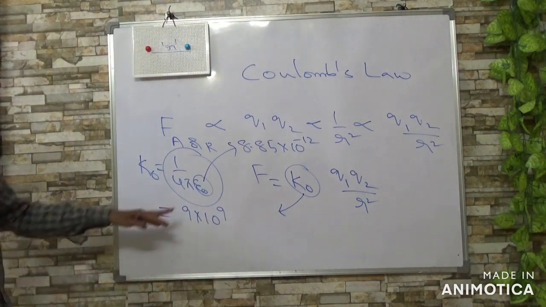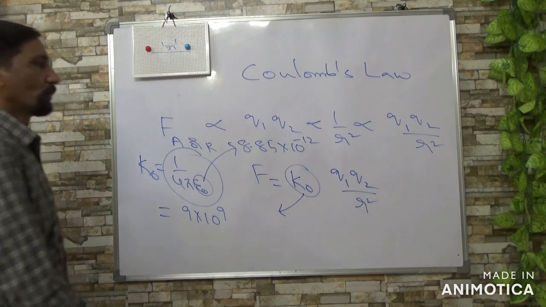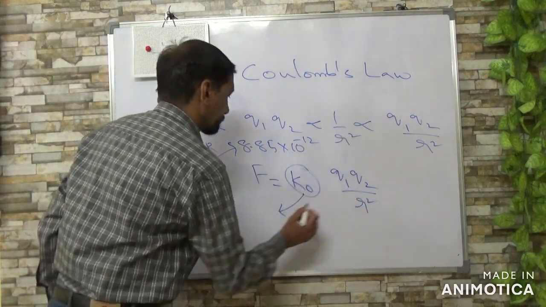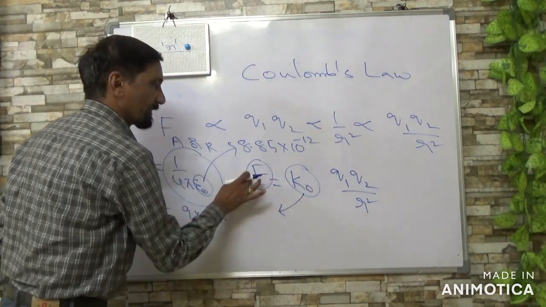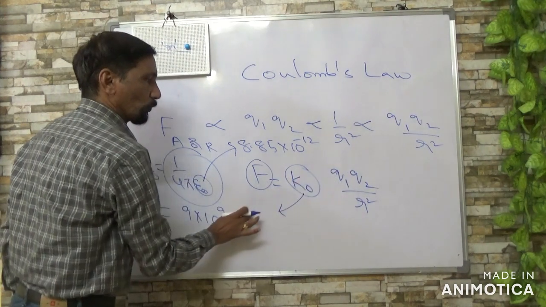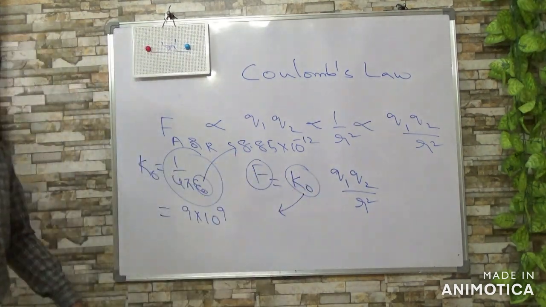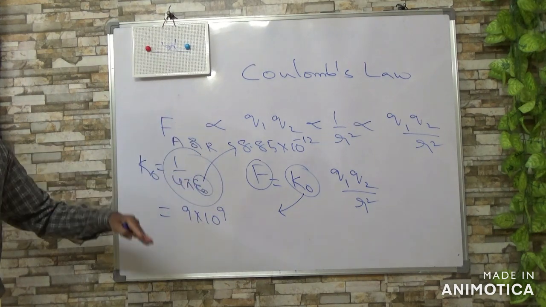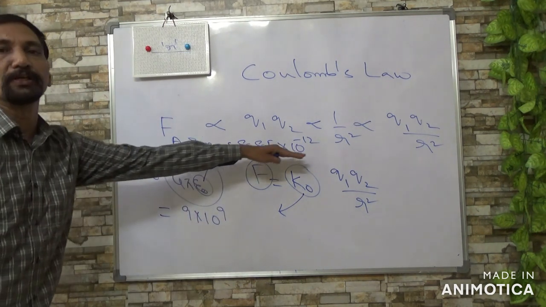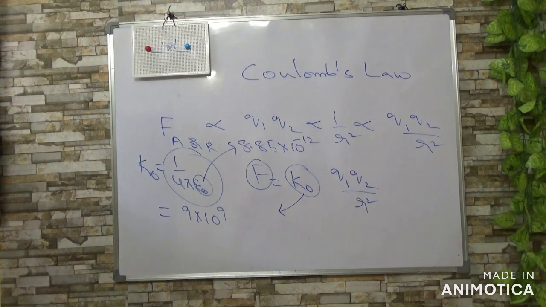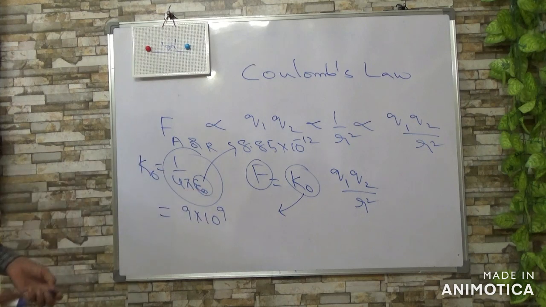So if you are taking this to this side, epsilon naught is down, with units Newton meter square per Coulomb square. If you want epsilon naught, reverse, it means Coulomb square per Newton meter square are its units. So this is the value of the proportionality constant.